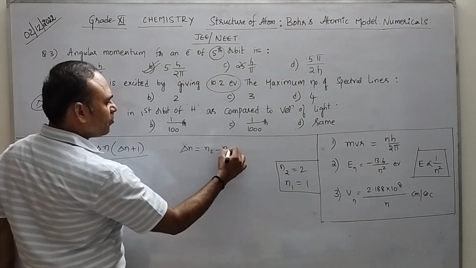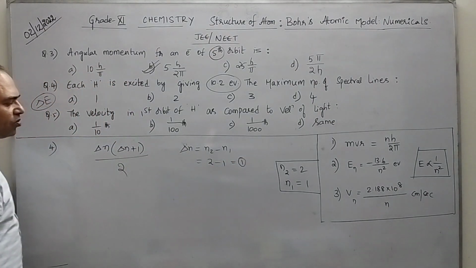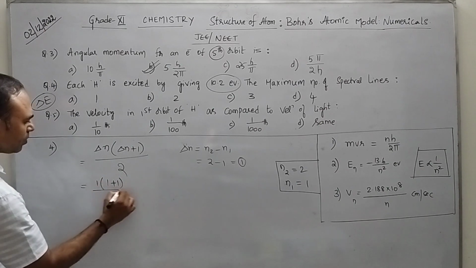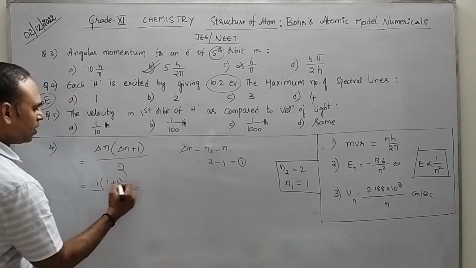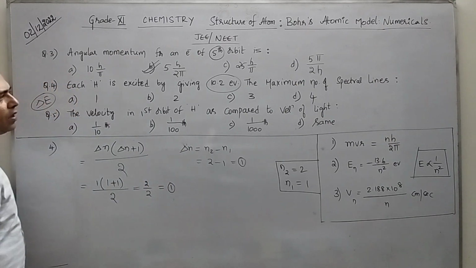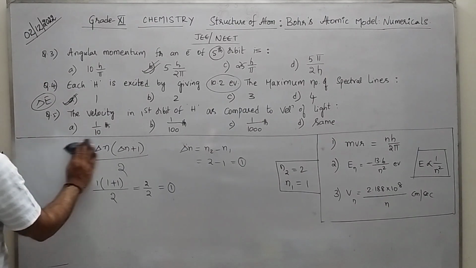N2 minus N1, nothing but 2 minus 1, therefore delta n is 1. On substituting you get 1 into 1 plus 1 by 2, nothing but 1 into 2, 2 by 2. The answer is 1. Therefore, we get only one spectral line here. Hope you are able to understand this. Now moving to the next question, that is question number 5.